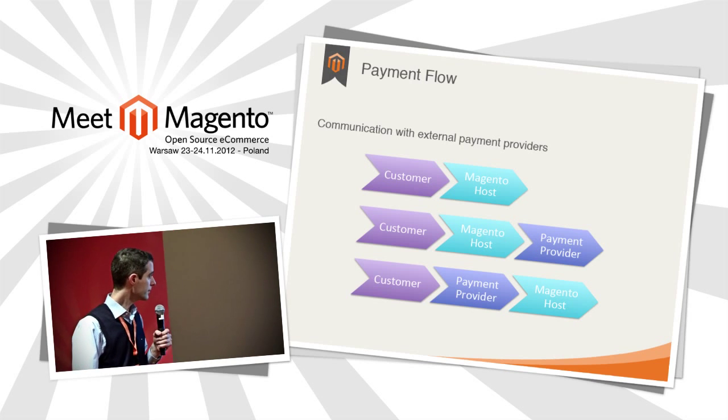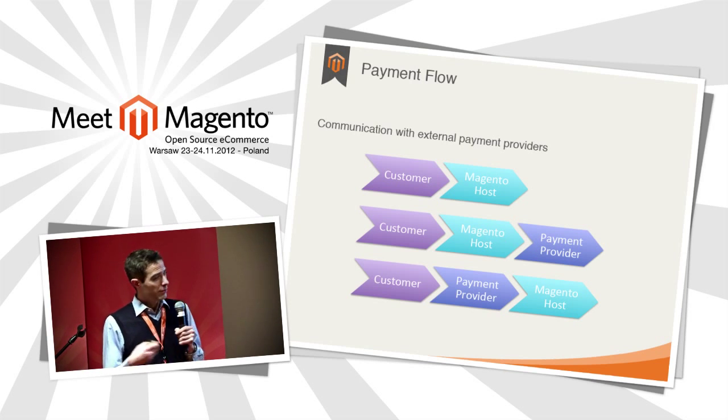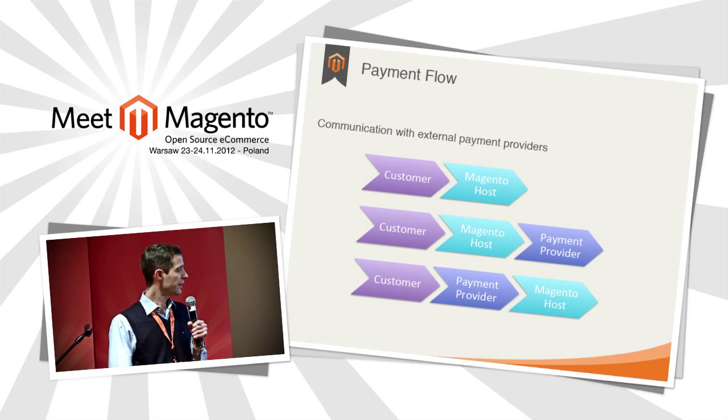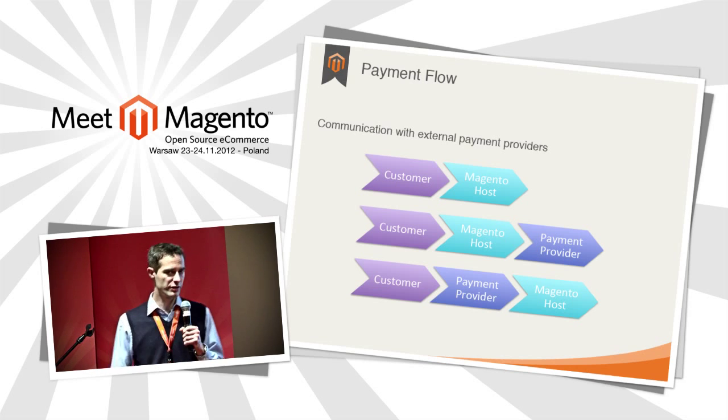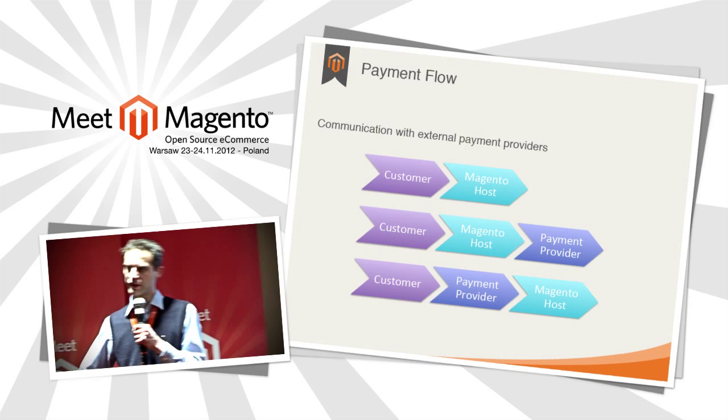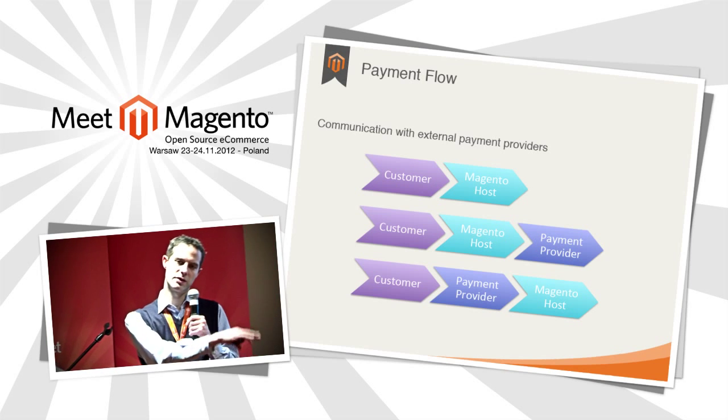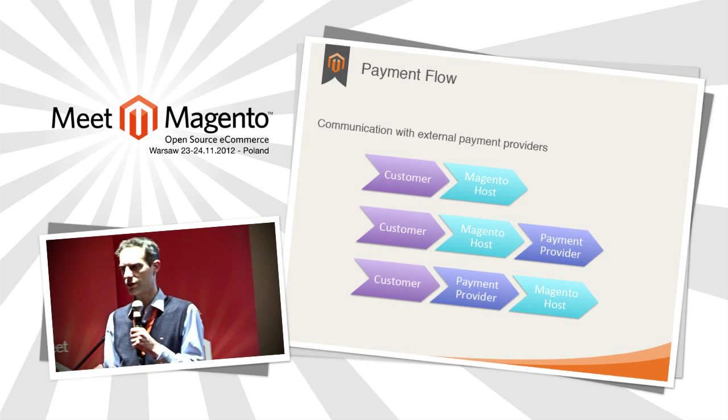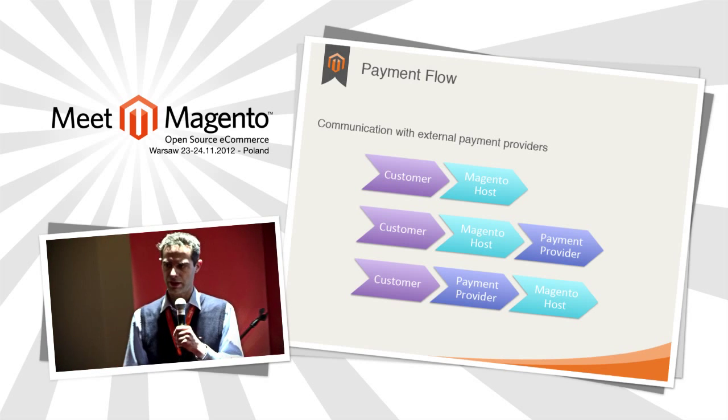Sometimes a little more complex is the variant where the customer sends the payment info to the Magento host, and then the server contacts some external API to verify some data or to authorize the funds or whatever.